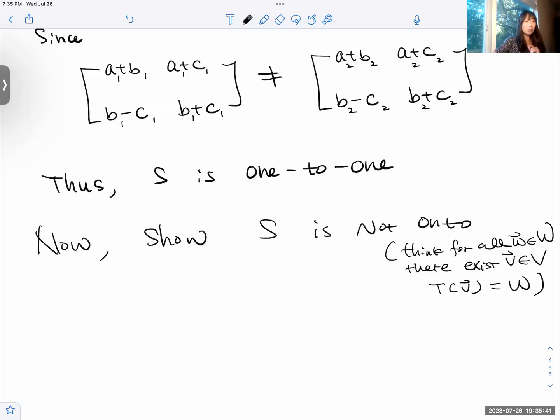This is the definition of onto. But we want to show this is not onto, so we are using a counterexample.